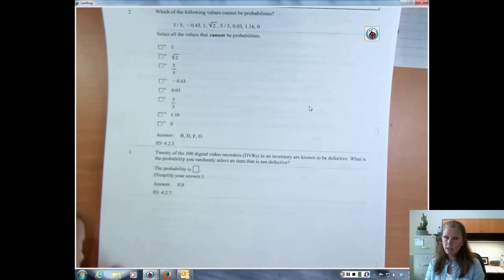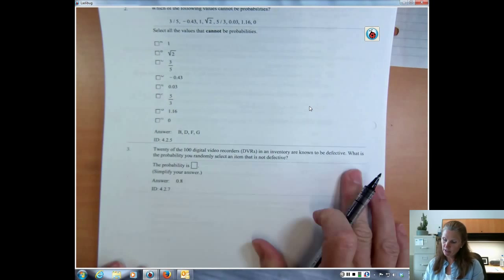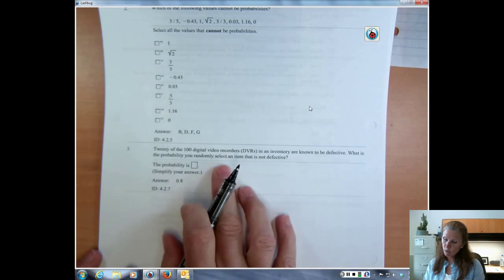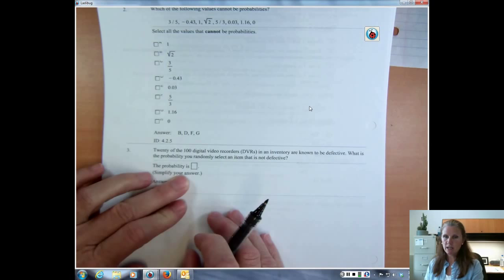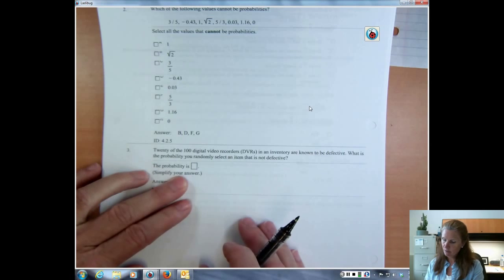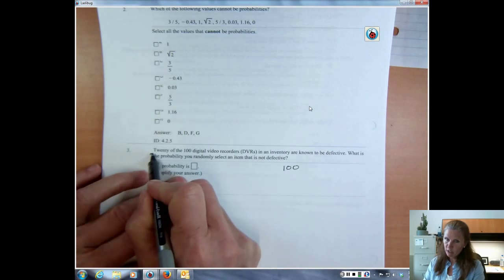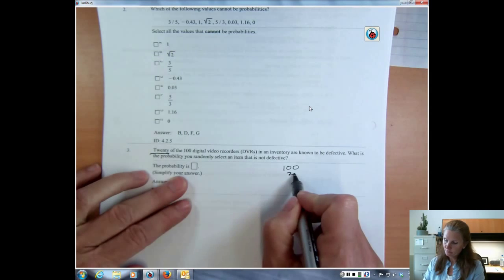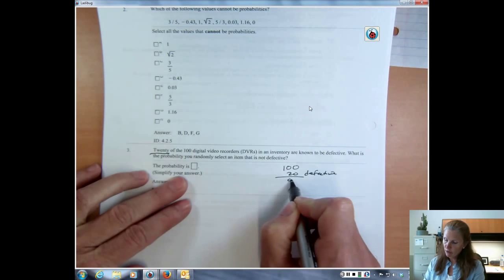This one says 20 of the 100 digital video recorders in an inventory are known to be defective. What is the probability you randomly select an item that is not defective? So if we have 100 total and we know that 20 of them are defective, then we know that 80 are not defective.